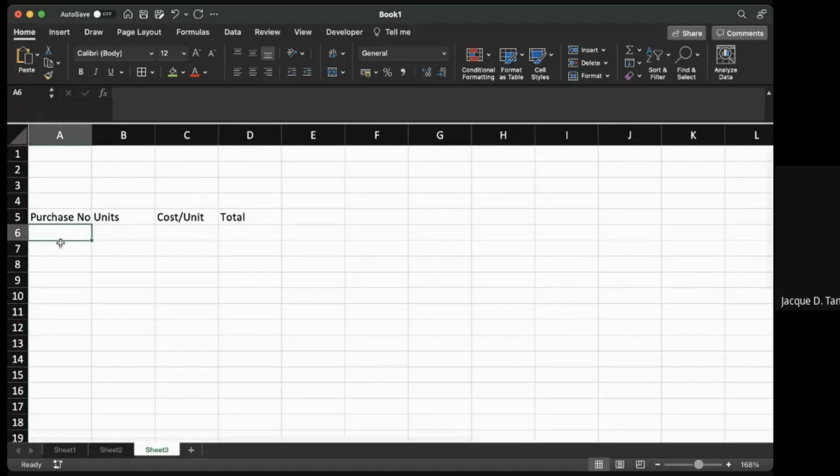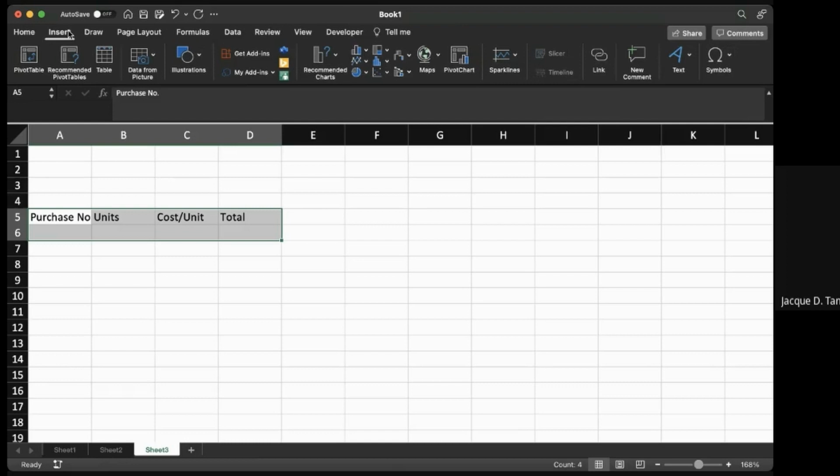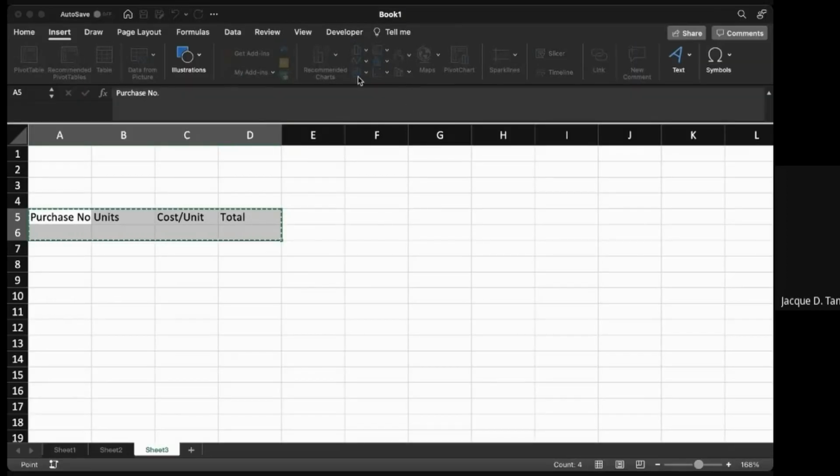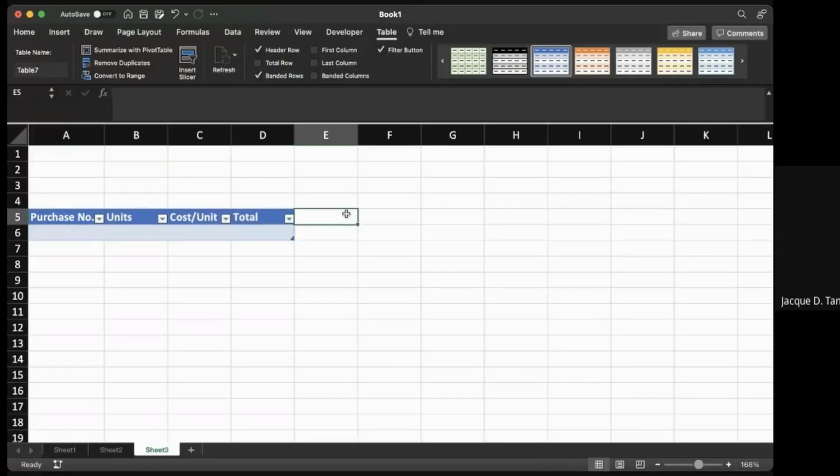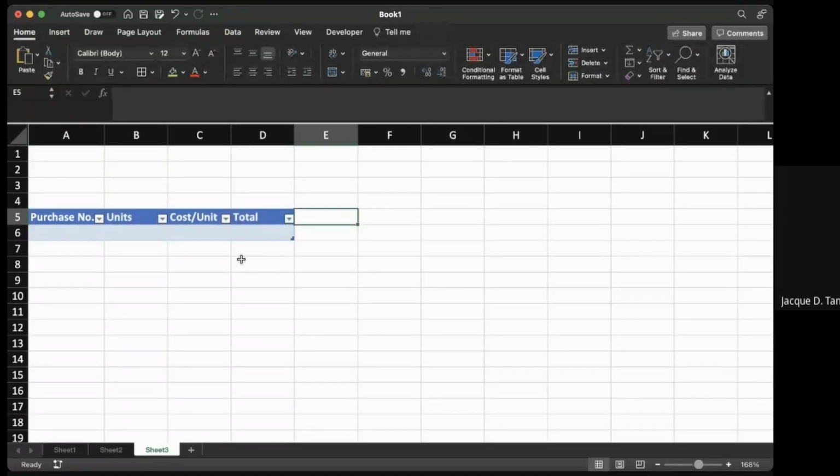So we select the data and then select at least one blank cell after, one row after, and then we go to insert, click table, and then you click my table has headers. So I have already created the first table. So I will name this one purchases.